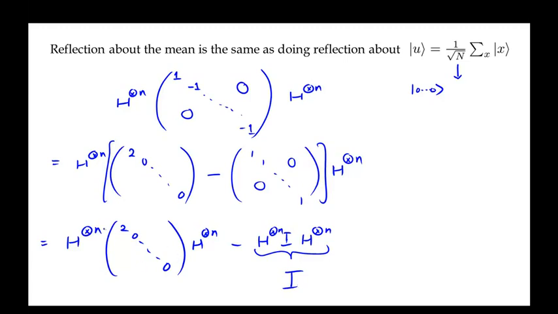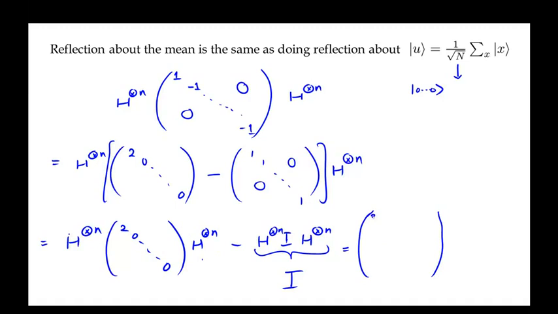Remember, if you try to multiply this out, the first row and column of the Hadamard matrix is just every entry is 1 over square root of capital N. And so if you multiply this out, you will multiply 1 over square root n times 1 over square root n times 2 for every entry.